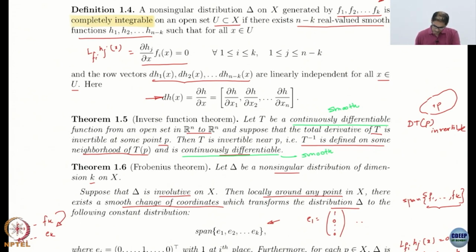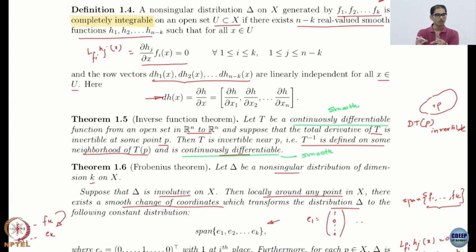It just says that if you have a continuously differentiable function from an open set in R^n to R^n, and if the total derivative, that is dT of p, is invertible at some point p, then the function is not just invertible at p but in a neighborhood of p, okay. Remember that I connected these results when I talked about the diffeomorphism, which is essentially like the equivalent of a similarity transformation for nonlinear systems.